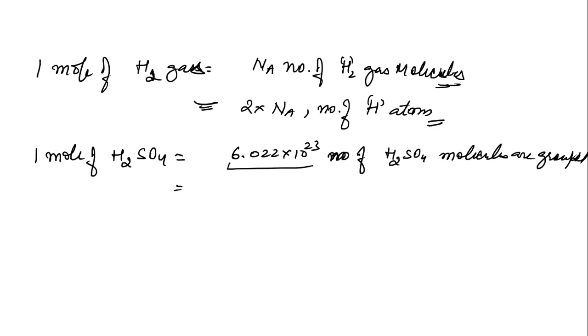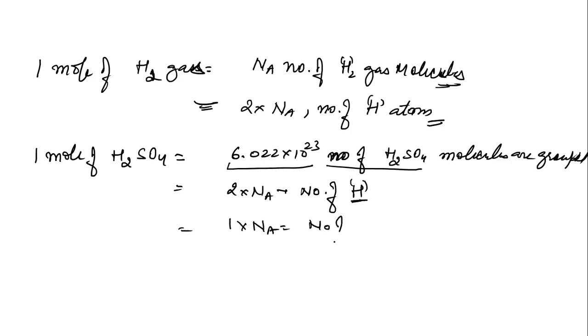And in these 6.022 × 10^23 H2SO4 molecules, we have 2 into Na number of hydrogen atoms, 1 into Na number of sulfur, and 4 into Na number of oxygen atoms. Clear?